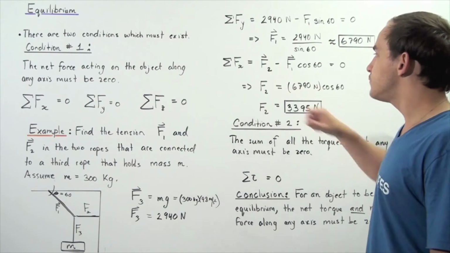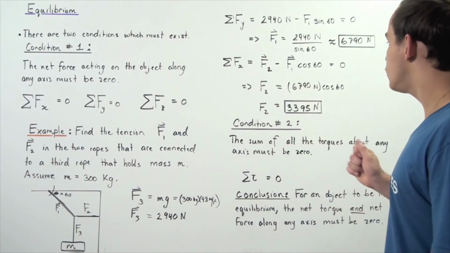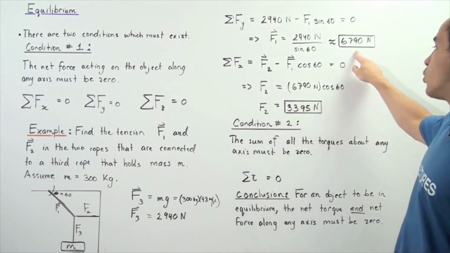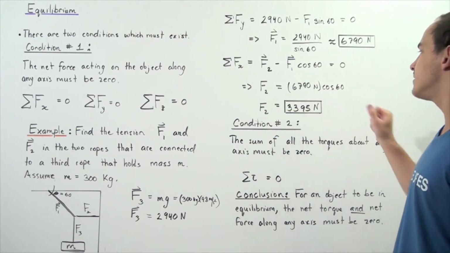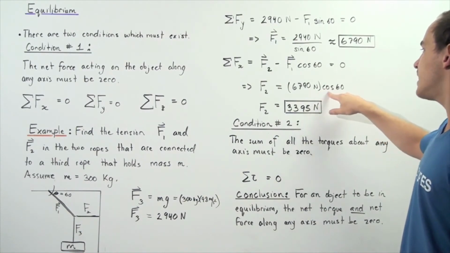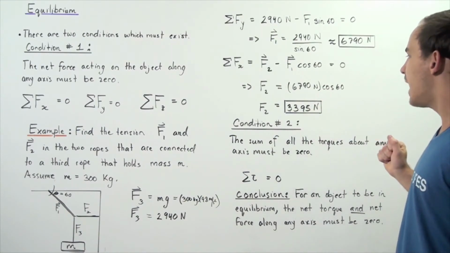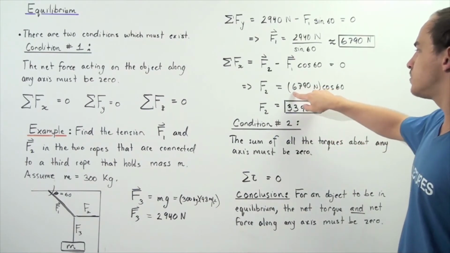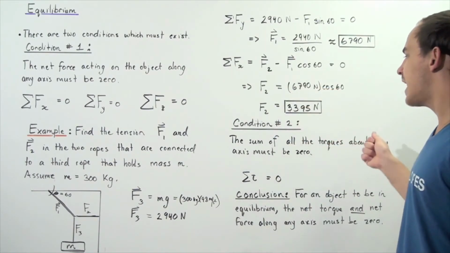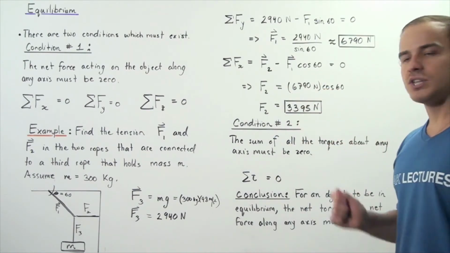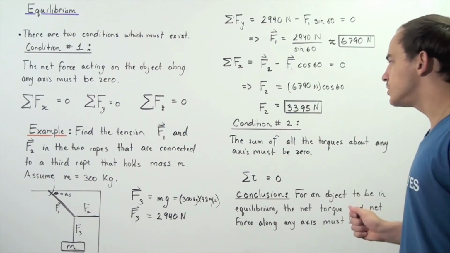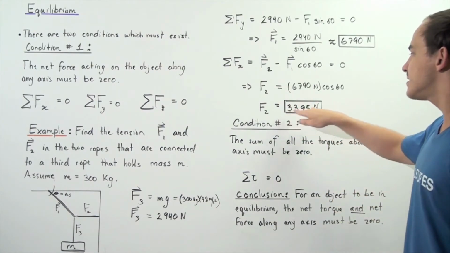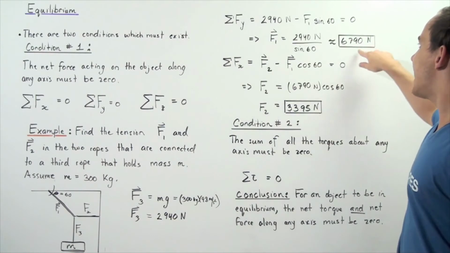So we solve for F2 and we see that F2 is equal to the product of this quantity and cosine of the angle 60. Cosine of the angle 60 is simply 0.5. So 0.5 multiplied by 6,790 is 3,395 newtons.